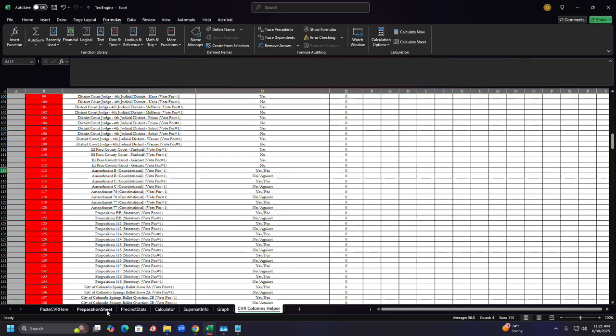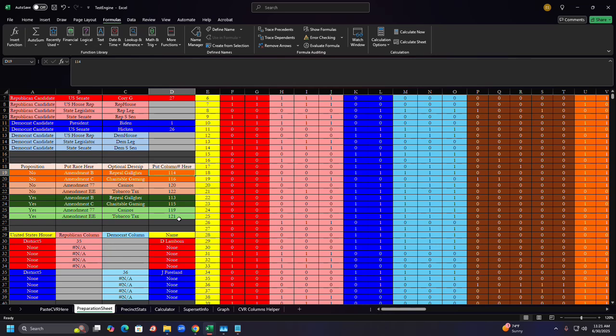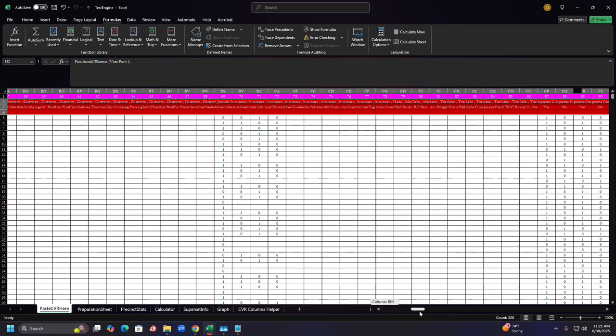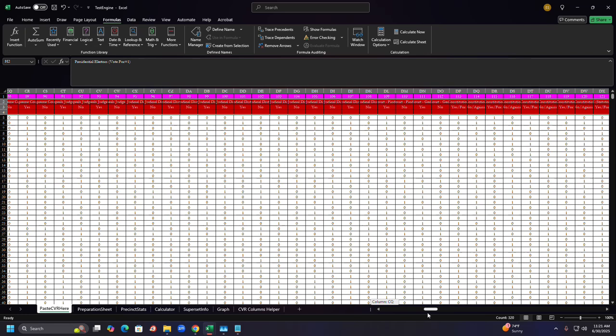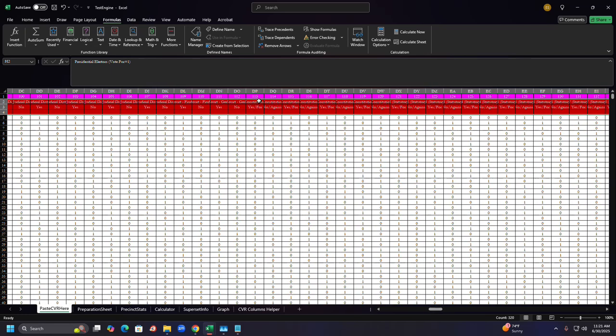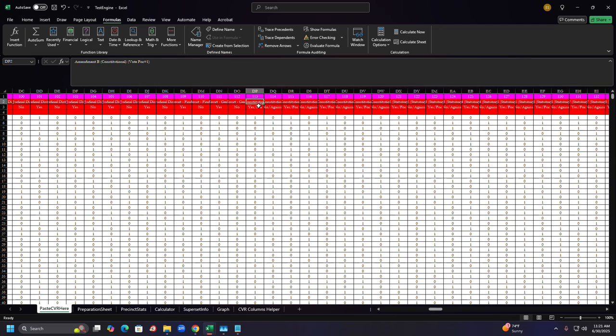You have to put these in as well. As for the optional description, that's up to you. And put the race here. If you look at the actual cast vote record, if we go over to columns 115 and 113, we'll see it right here. 113 is a yes vote on Amendment B, which is repeal Gallagher. And 114 is against repeal of Gallagher.